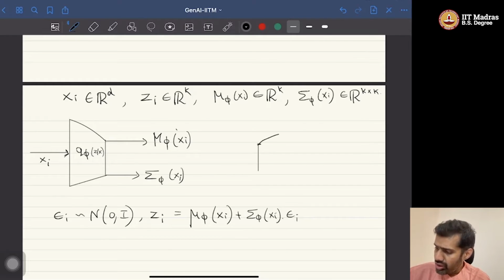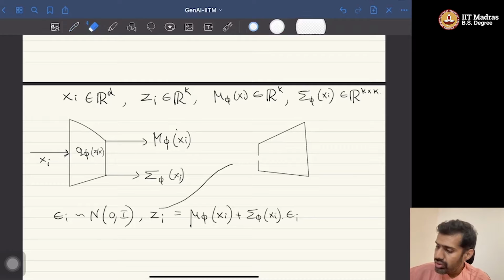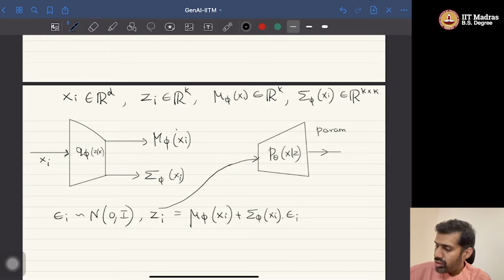Okay, so then we have the decoder network here. The decoder network takes this Zi that we have gotten from the sampling as an input, and this is p theta of x given z, and we will get back the parameters of p theta of x given z.